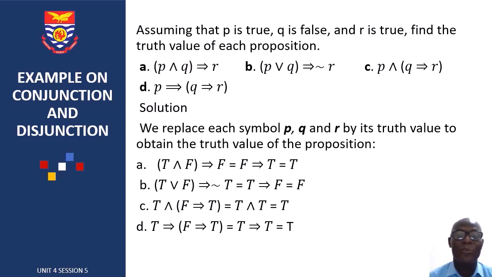So the truth implies F is equal to F, meaning if the first statement is true and the second statement is false, then the implication is false. C. If you consider the brackets first, F implies T, meaning if the first statement is false and the second statement is true, then the implication is true.